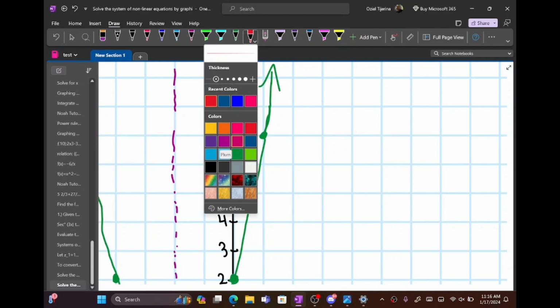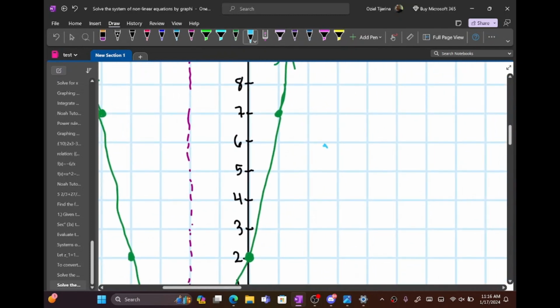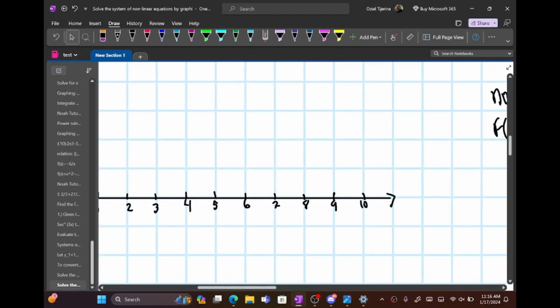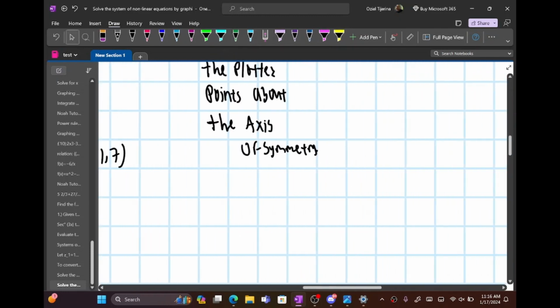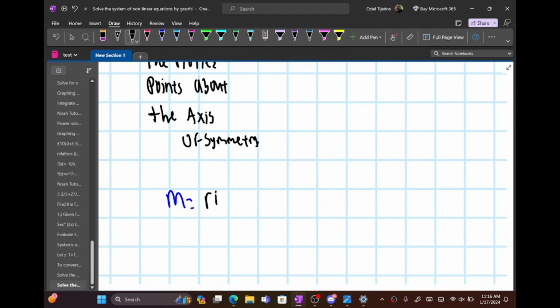I'll do it in this color, whatever. So we're going to plot the point at 0, comma 5. And now remember that the slope is rise over run. Remember, m is rise over run. This is a lot of colors, guys. I do apologize.